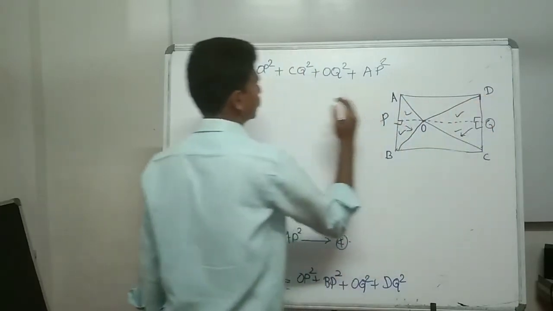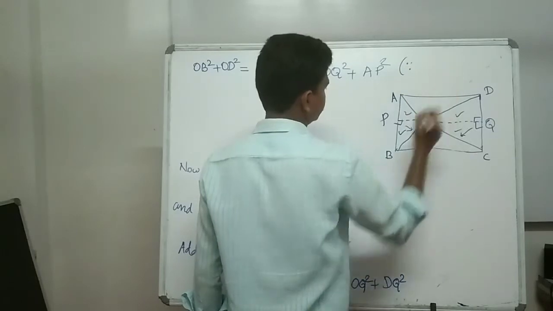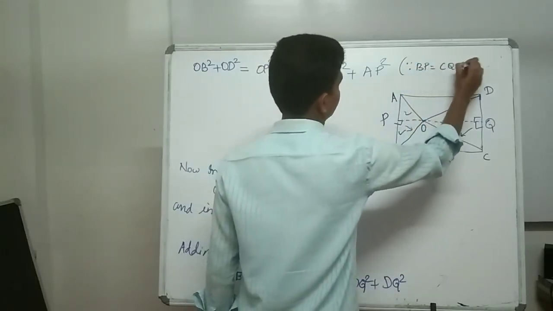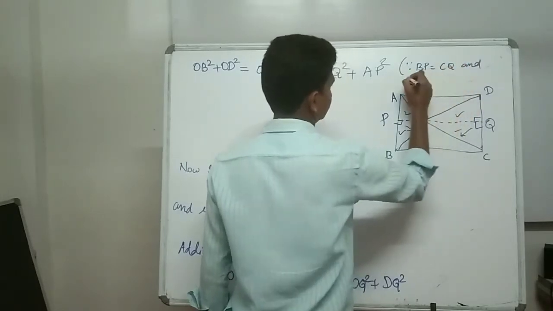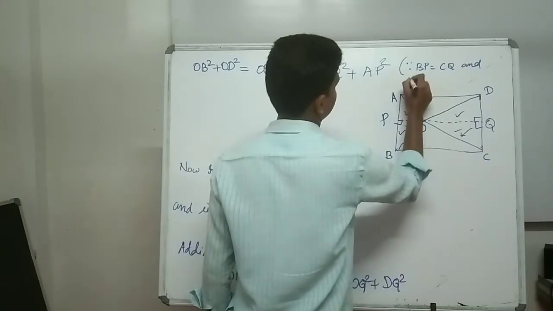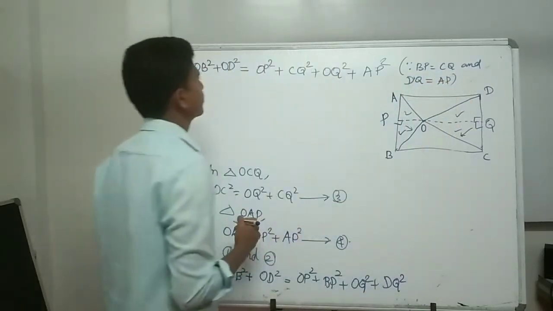So DQ is equal to AP. We write the reason: since BP is equal to CQ and DQ is equal to AP.